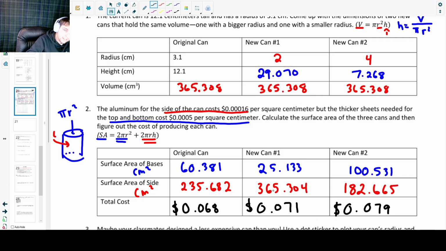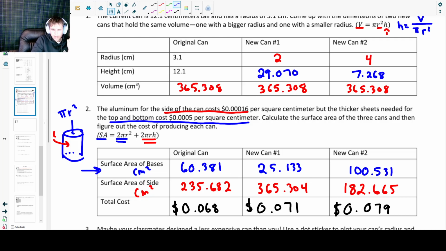And, you know, kind of tricky. There's a lot of things that are going on here. Because it does cost the most to make the bases, 0.0005 versus 0.0001, that's about 5 times more expensive to do the bases. I guess it makes sense that the one with the largest base area is going to cost the most.